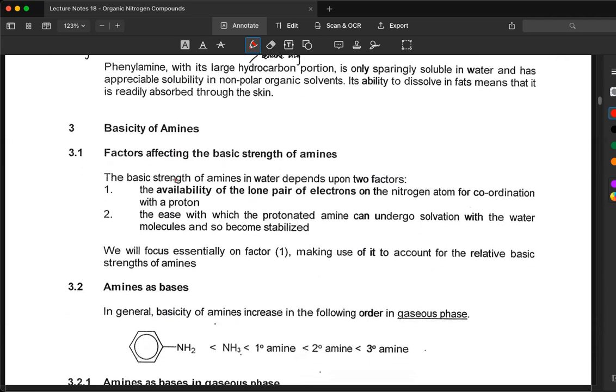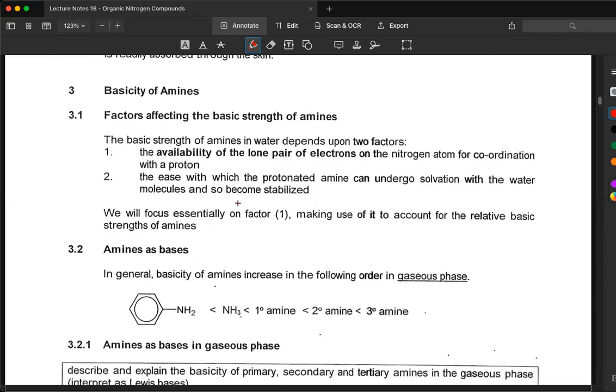The basic strength of amines depends on two factors: how available the lone pair of electrons is for coordination with a proton, and the ease with which the protonated amine can undergo solvation with the water molecules and become stabilized. We will focus on factor 1, making use of it to account for the relative basic strengths of amines.